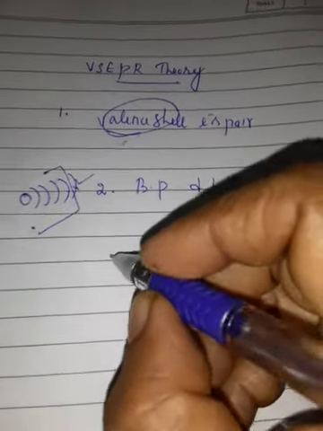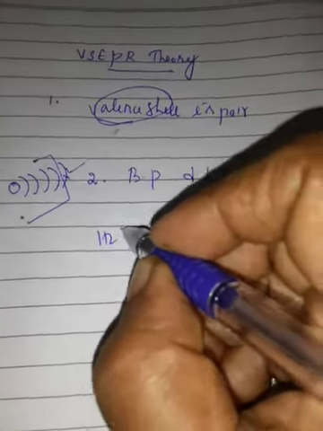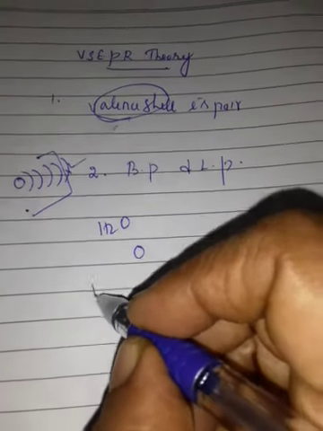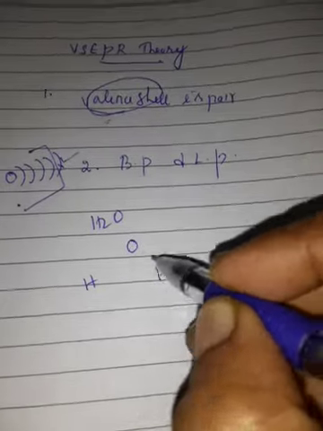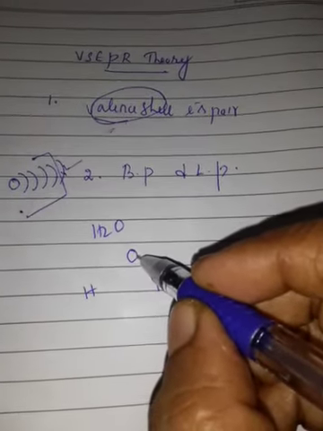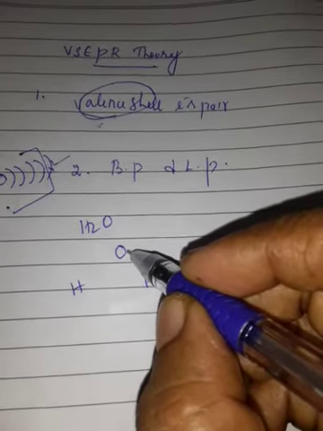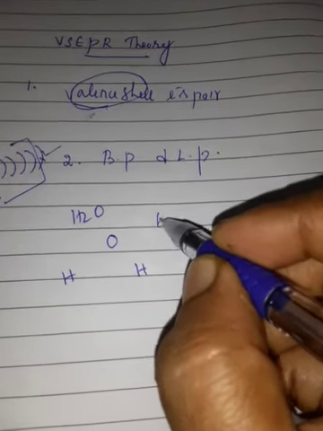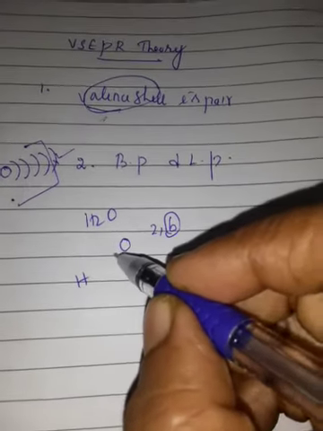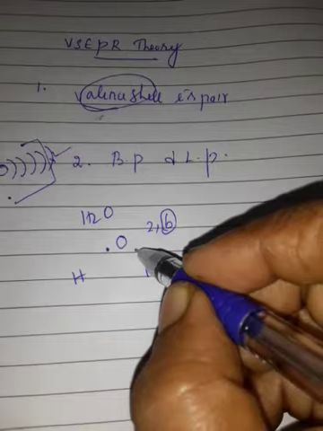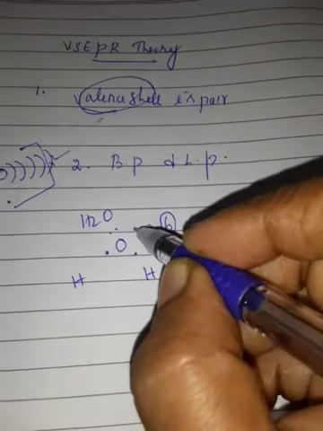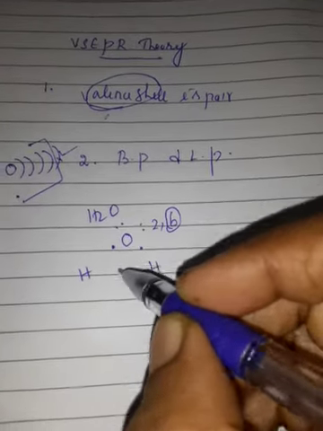For example, take the water molecule, H2O. Here O is the central atom, with two hydrogen atoms surrounding it. Oxygen has atomic number 8, so the valence electrons are 6 (configuration 2, 6). Among the 6 electrons, 1 will be here, 1 will be here, and the remaining 4 form one pair and another pair.